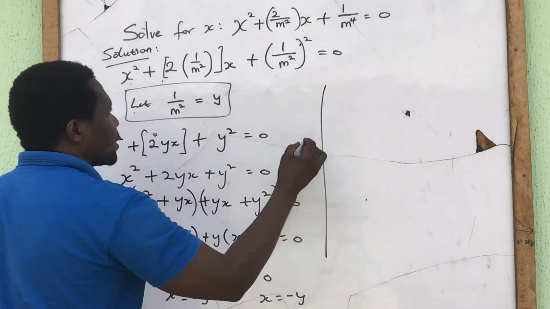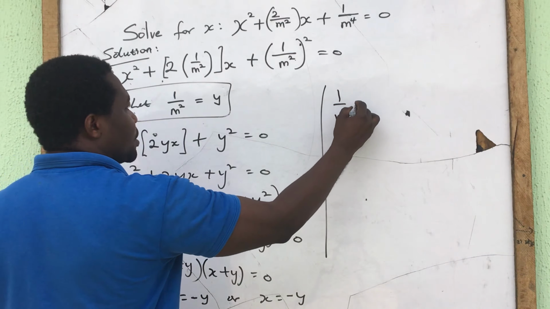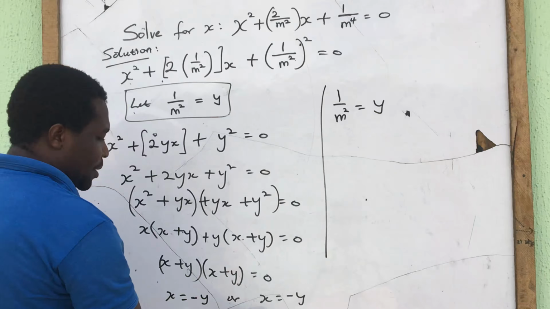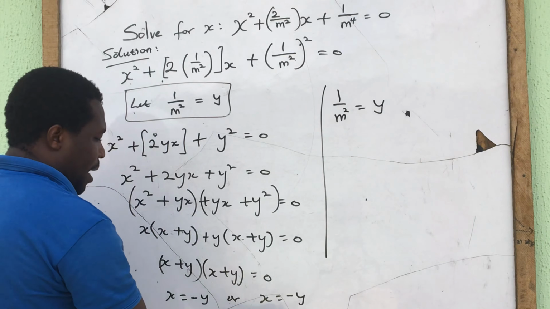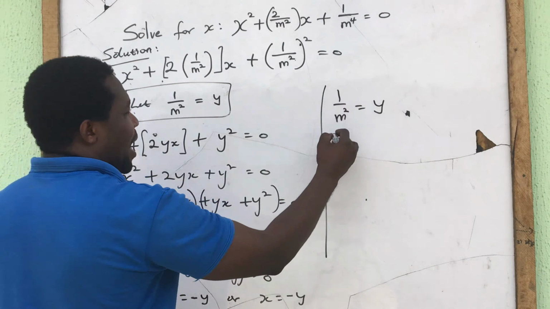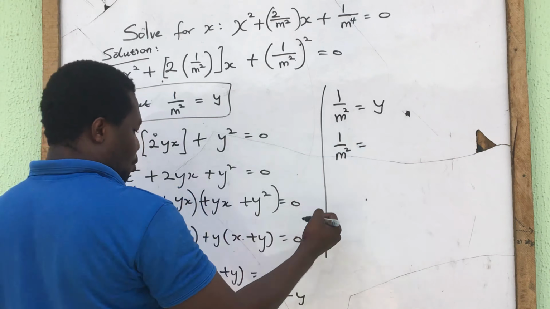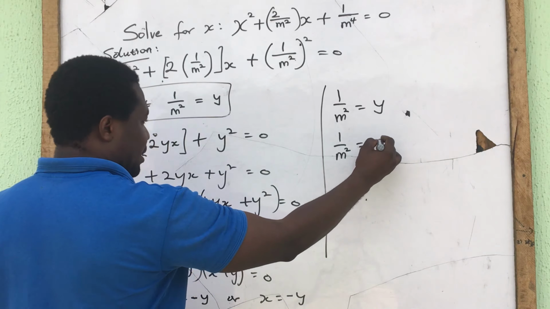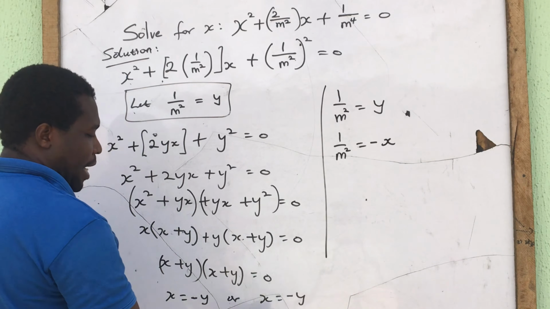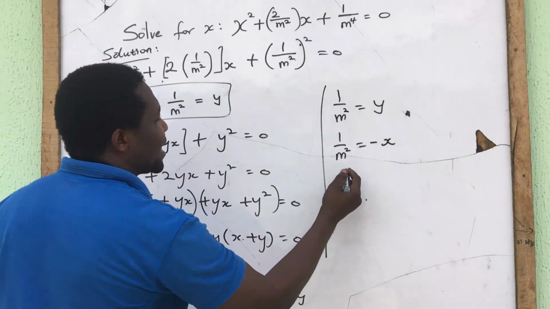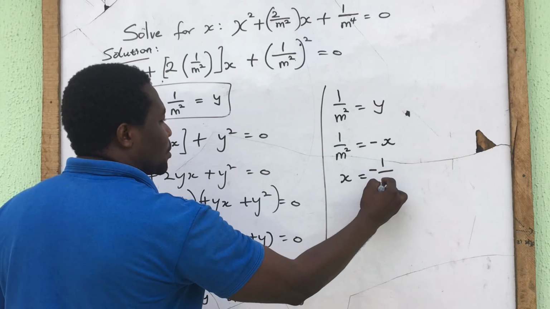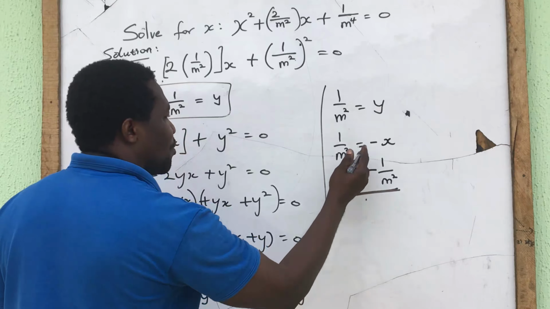So our x equals minus y, meaning y equals minus x, and 1 over m squared equals minus x. So with that we have our x to be minus 1 over m squared. That's the value of our x here.